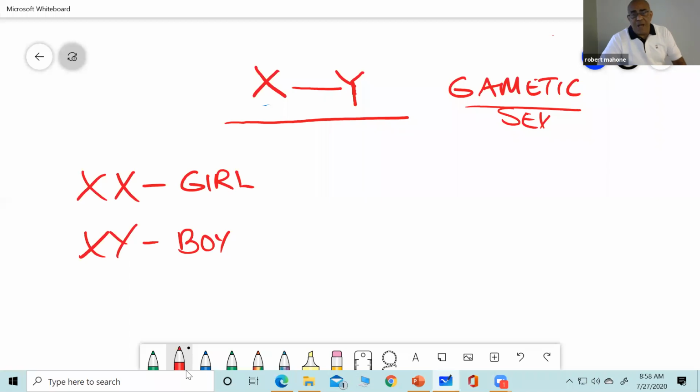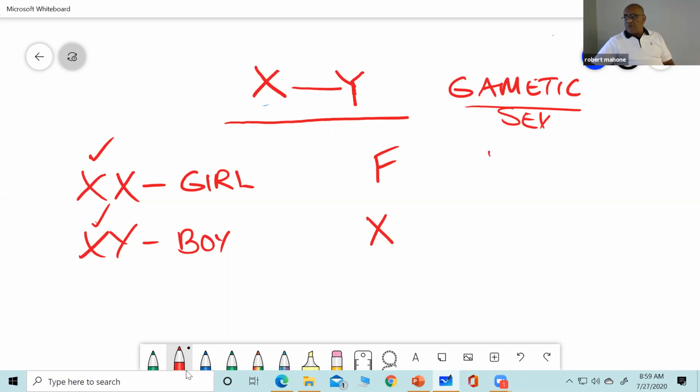So it's right at the top of your DNA, and it determines the sex of the offspring with those two combinations. How do those combinations happen? First of all, females, every egg that you produce will be X. That's why the X always appears first. Every egg that comes out of your ovaries will have the X chromosome.